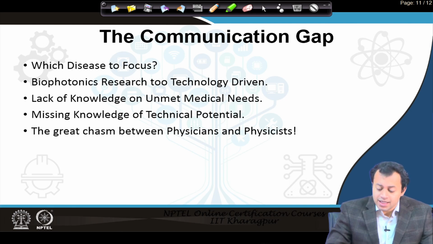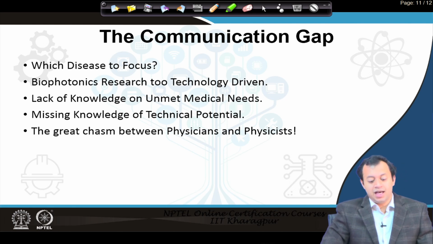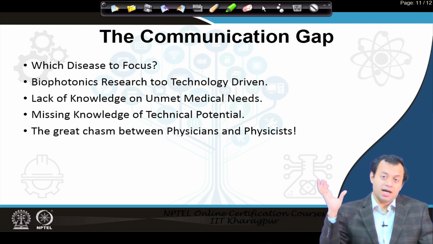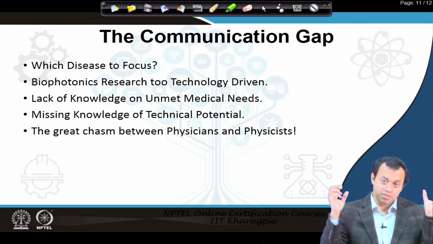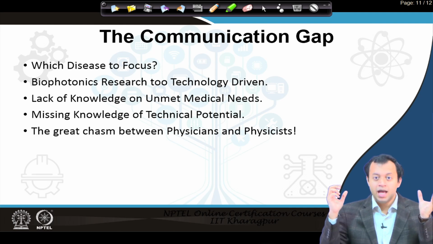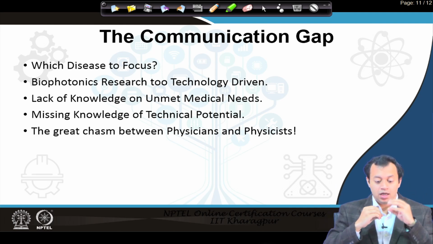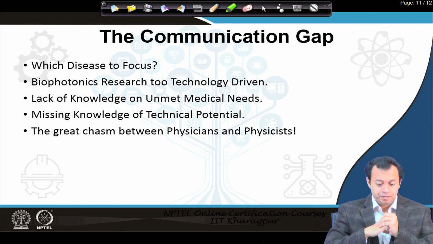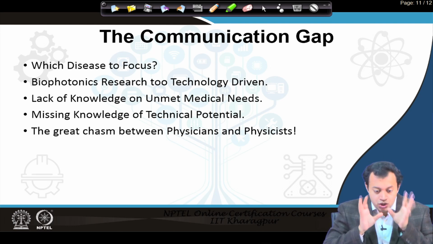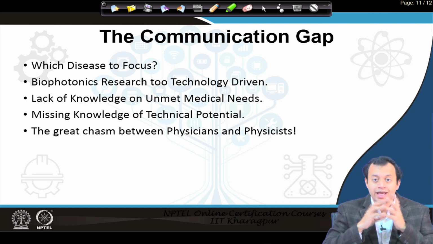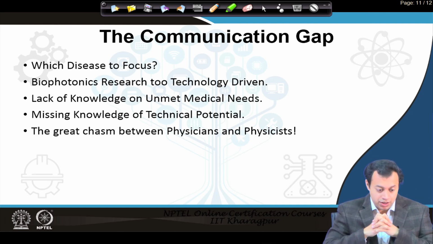So, what are the disadvantages that we find in biophotonics? As I said, biophotonics deals with both people from a physics background, engineering background, as well as people from a medicine background or biology background. So, there exists a significant communication gap between these two groups, and that gap is reflected strongly in the field of biophotonics.